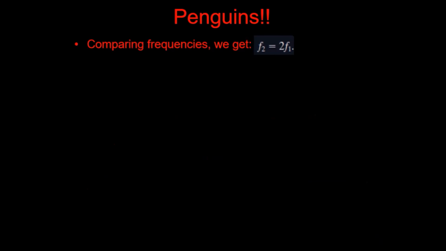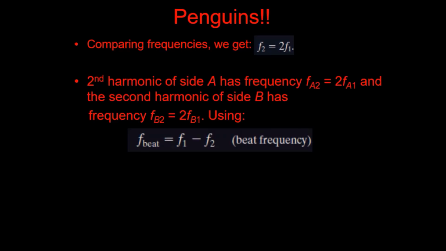So F2 equals 2F1. The second harmonic of side A has a frequency of FA2 equals 2FA1. And the second harmonic of side B will have a frequency of FB2 equals 2FB1. So here we're putting things in terms of the beat frequencies.